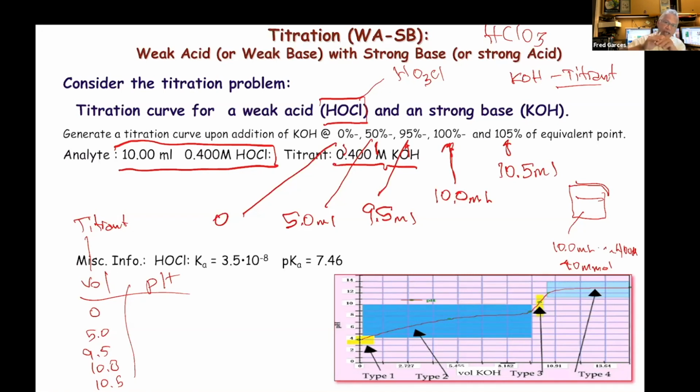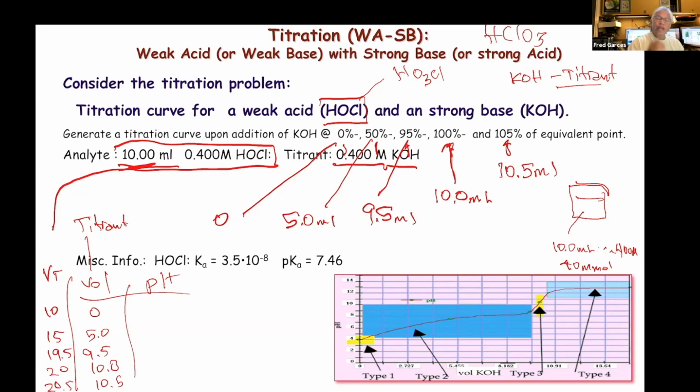So 0 plus 10 is 10. 5 plus 10 is 15. So the total volume, V total, because remember your analyte is 10 milliliters, would be 10, 15, 19.5, 20, and 20.5. Why is the total volume important?